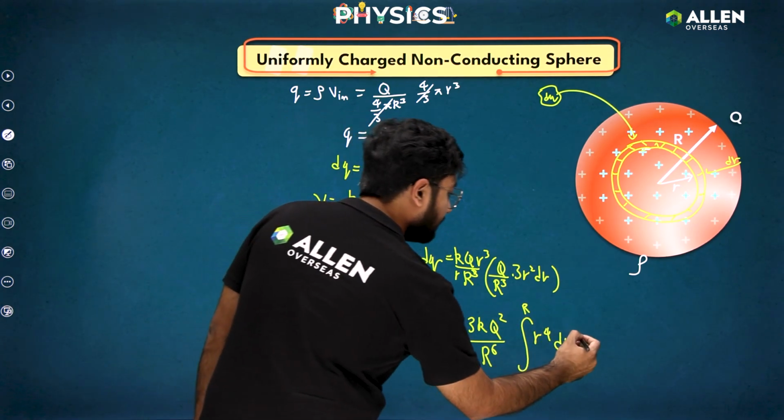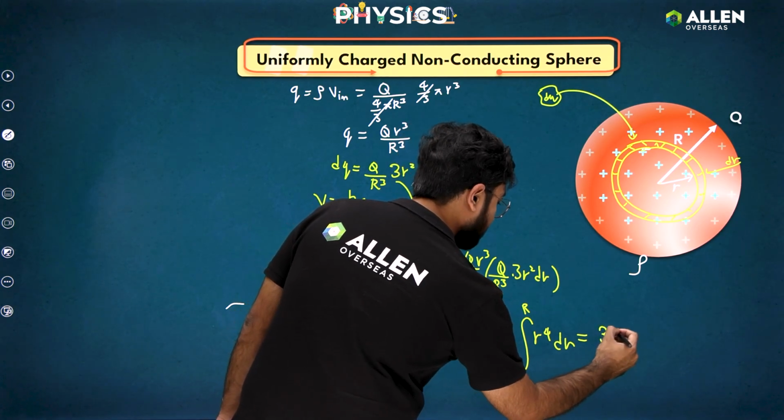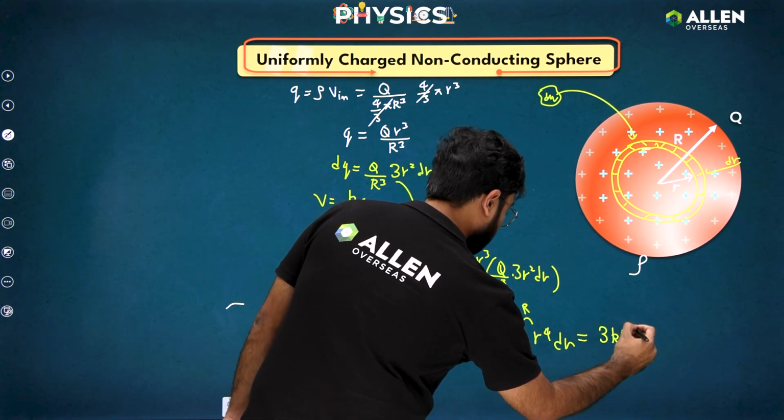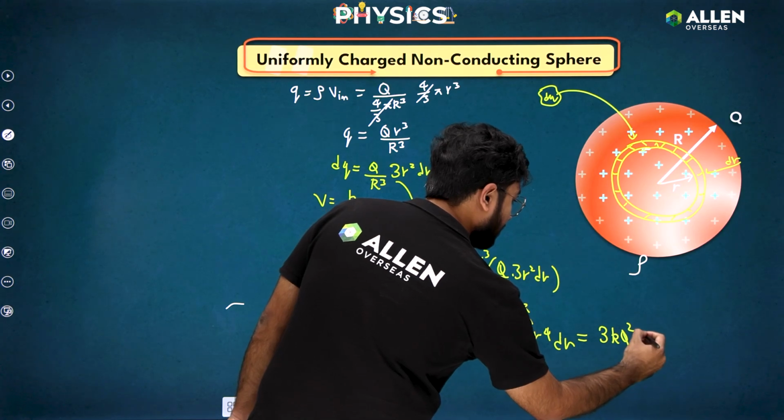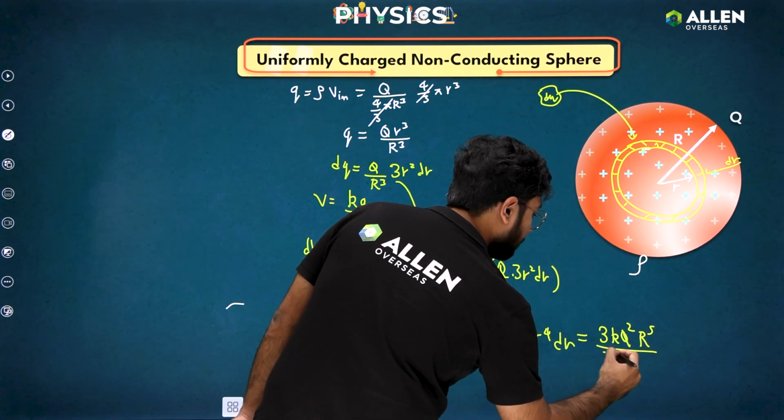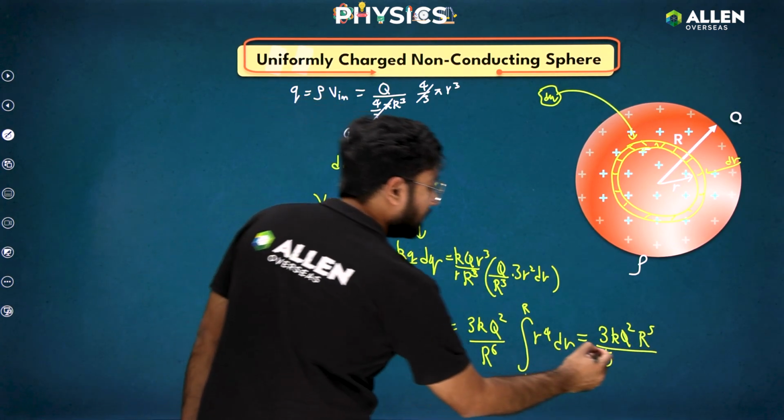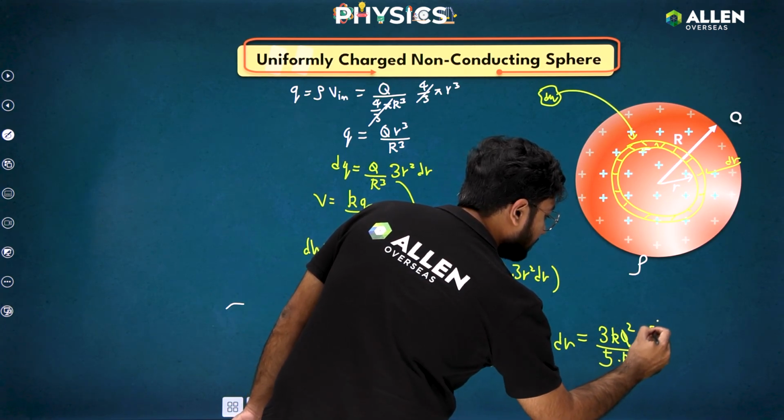What will be this integral? You very well know that thing. That is 3kq squared R to the power 6 by 6 times R to the power 6. This gets cancelled.